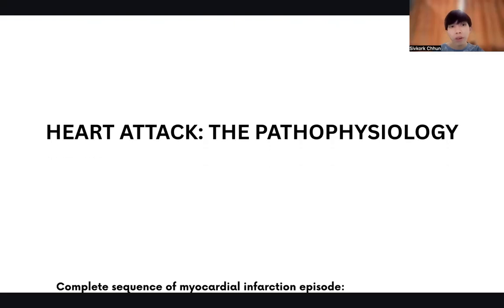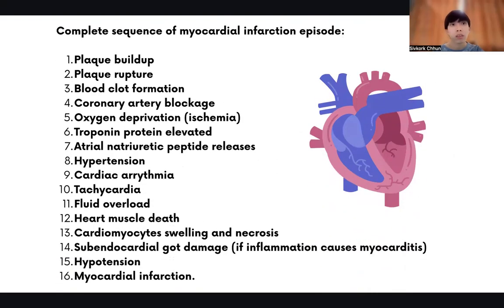So the pathophysiology of heart attack. The complete sequence of myocardial infarction episodes occurs when the fatty deposit or plaque blocks the coronary arteries, causing atherosclerosis, deoxygenating the blood supply, causing ischemia, and then triggers swelling to the cardiomyocytes, which are the cells in the heart, and damages the subendocardial tissue to release cardiac troponin protein.